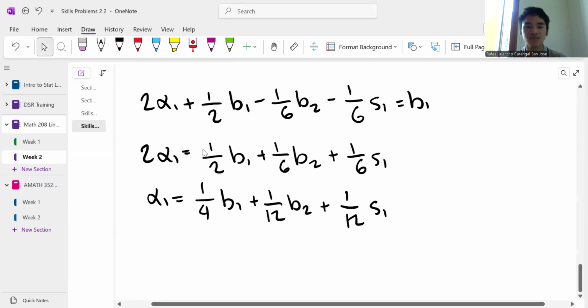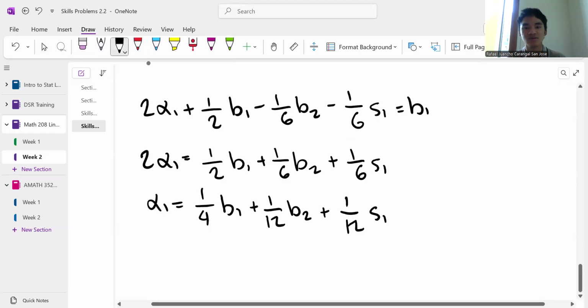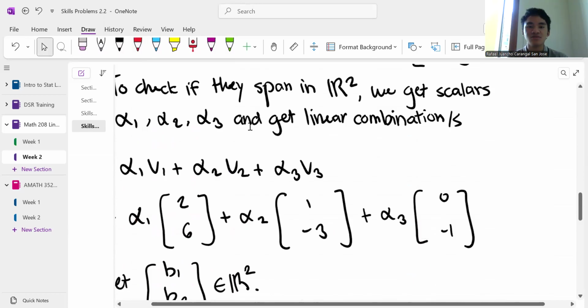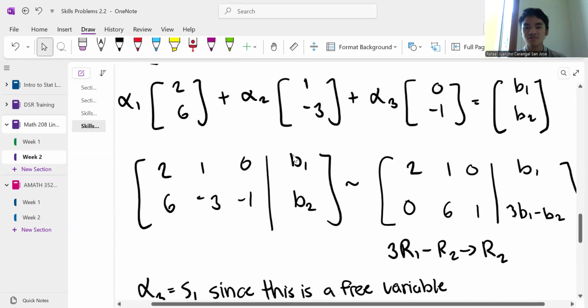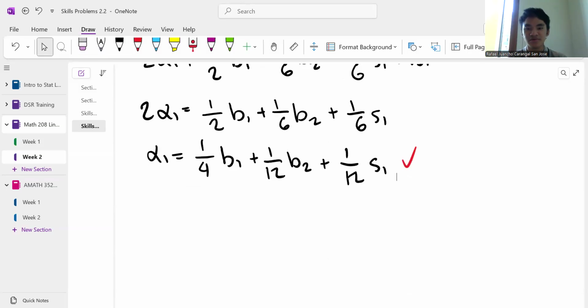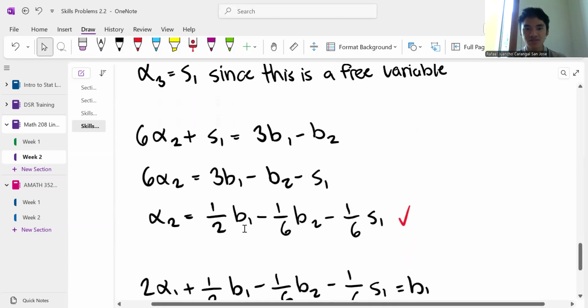There we go. And there's the other one. So what was the question? The question was, do the columns span? We have a free variable. But the thing is, we can find these scalars.